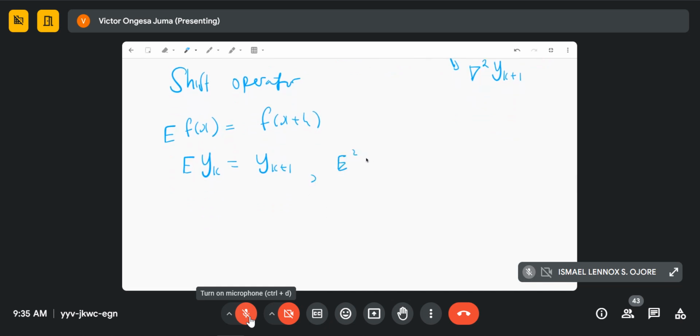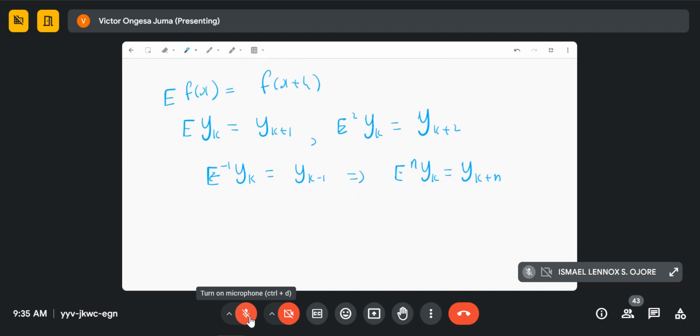Shift squared operator of yk, just look 2 steps ahead. So yk plus 2. Shift minus 1, yk is the same as yk minus 1. Look back 1 step. So you just look at the power. In general, shift n of yk is the same as yk plus n, look n steps. So that's just the shift operator.